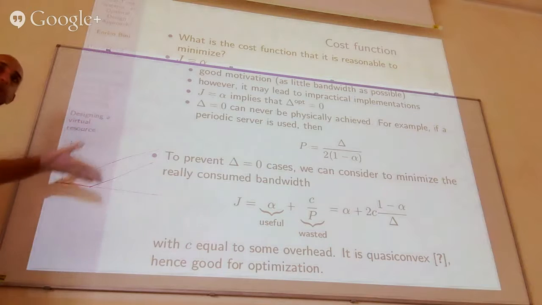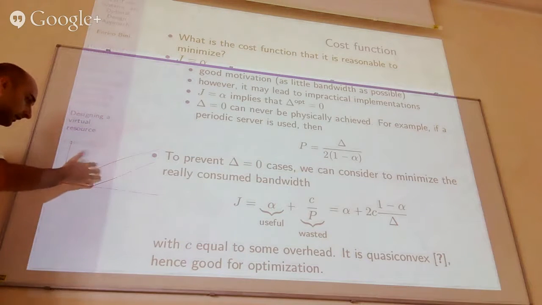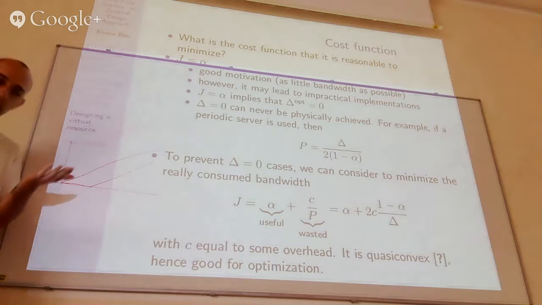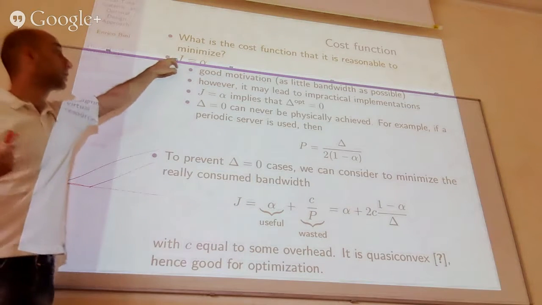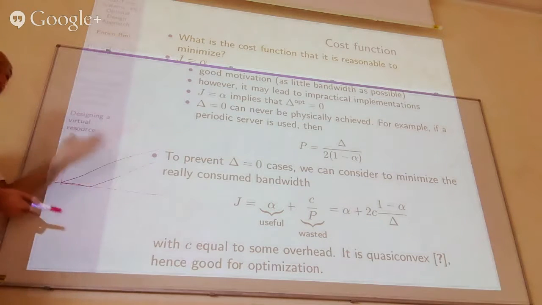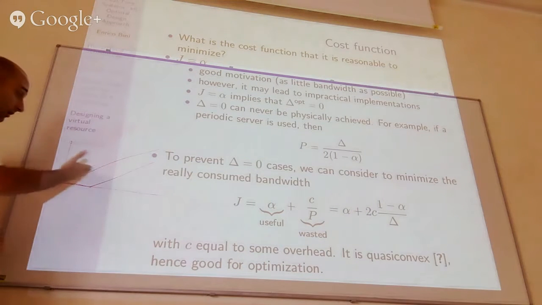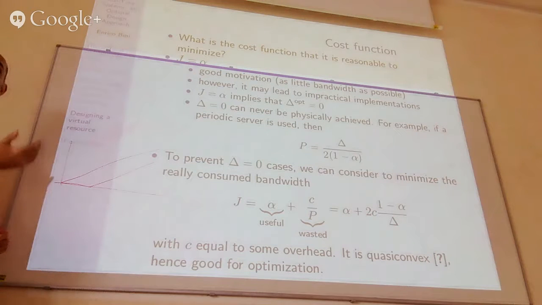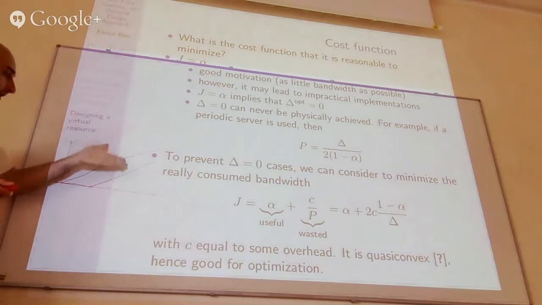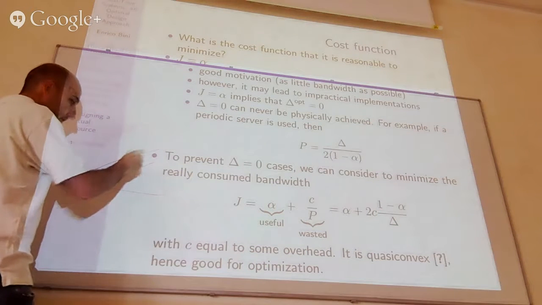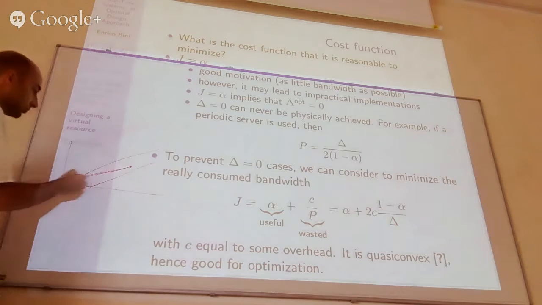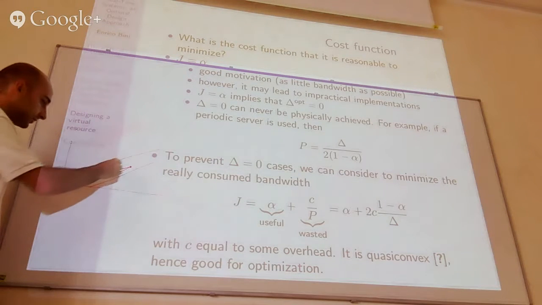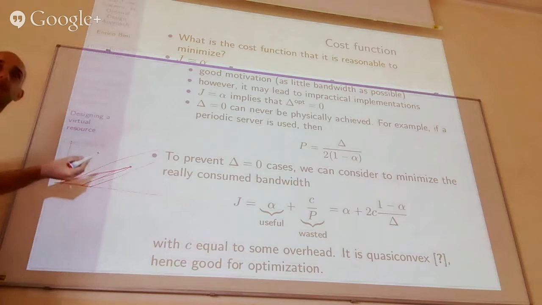If you let the optimizer choose arbitrarily between these two, because they are equivalent when the cost is alpha, then the optimizer will always choose this one because it is larger. If you have a point here to guarantee, it's always more convenient to do it like this if you want to reduce alpha.